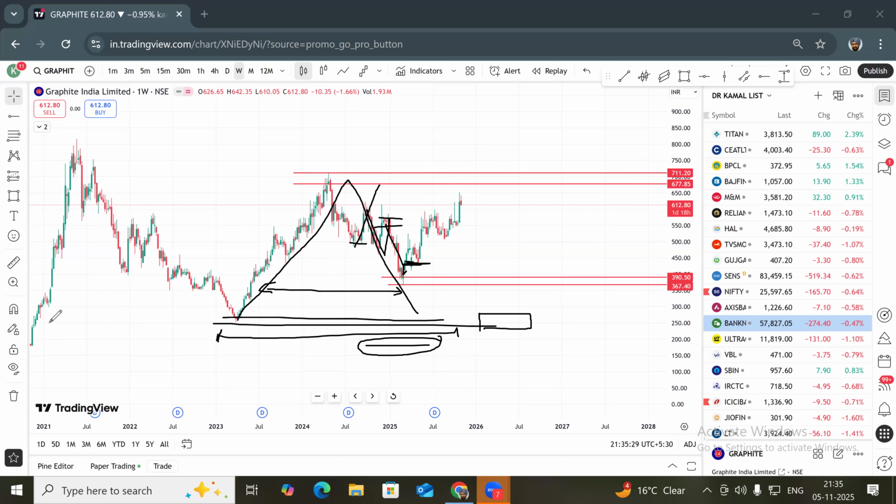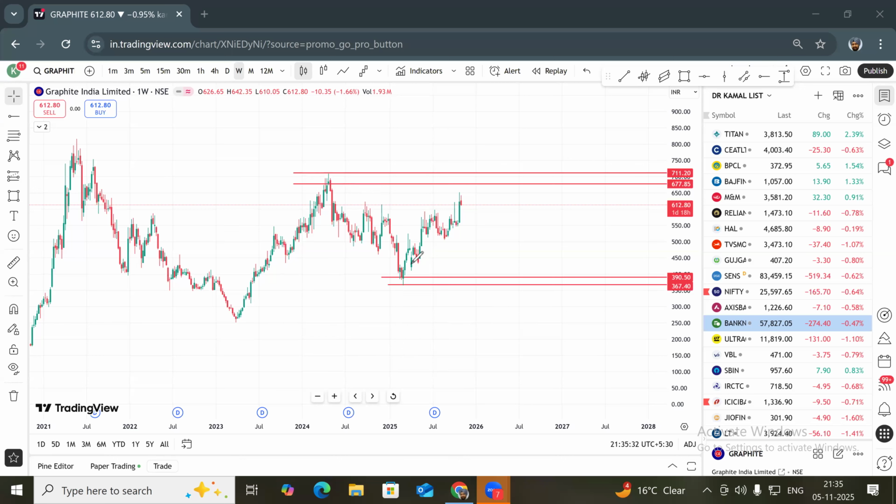A flip level is always a shorter length support or resistance, like this, like this. It may go up, stay here, come down, go up. Again, it stayed here, then it went up. So now this level will become important.